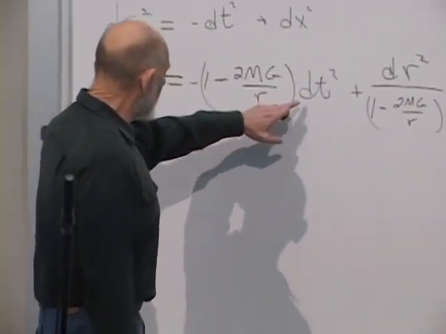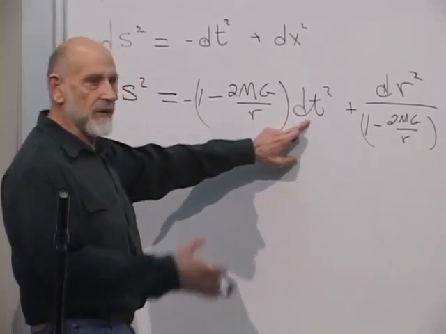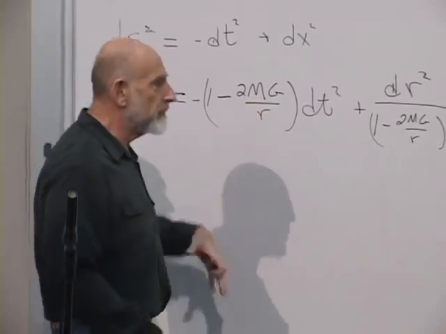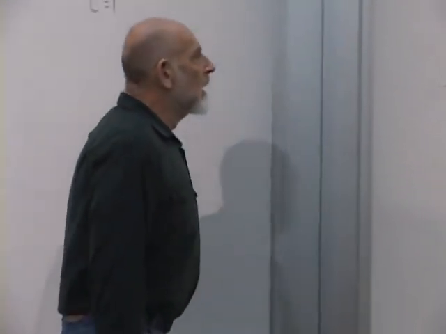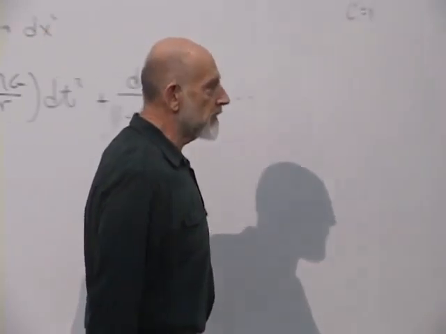Here's a situation also. This becomes 0, and it looks like when t changes, nothing is happening if this is 0. We'll see as we go along that they're very, very similar kinds of things. Okay, everybody understand that? That's just good old polar coordinates.